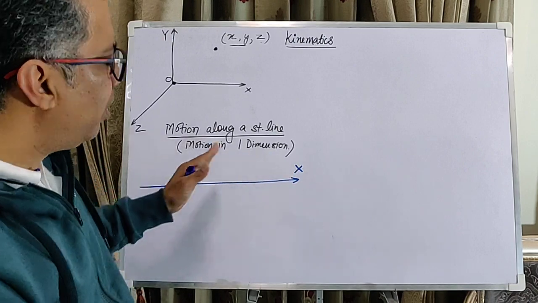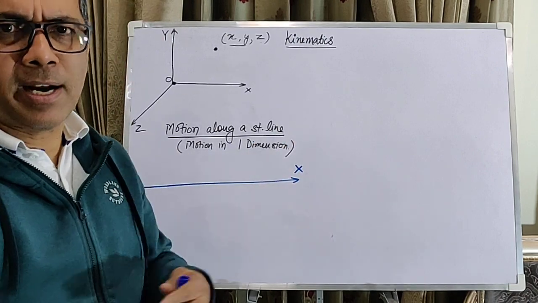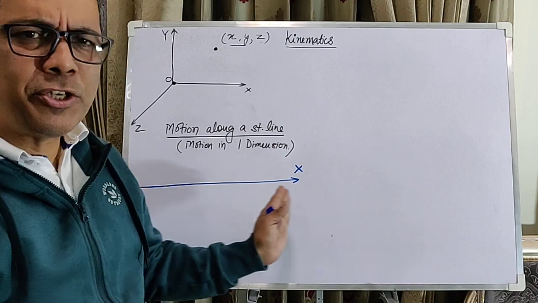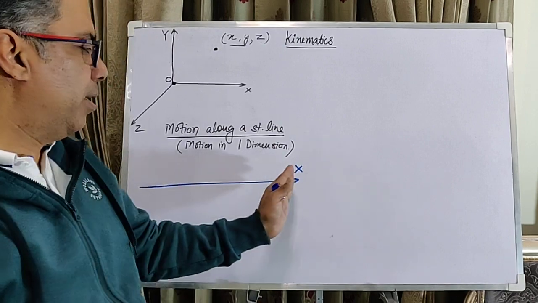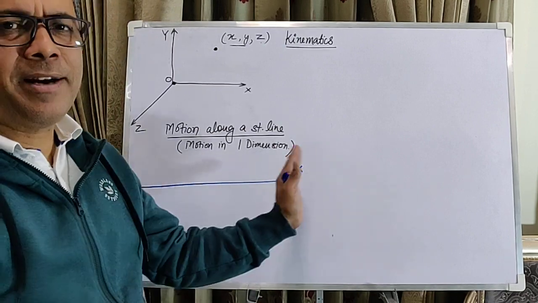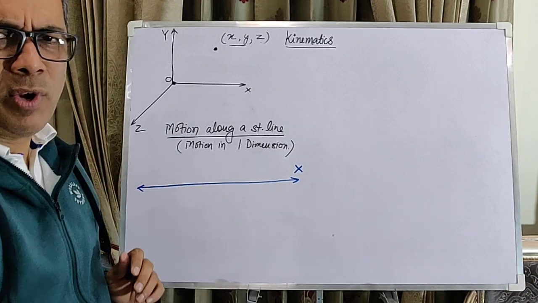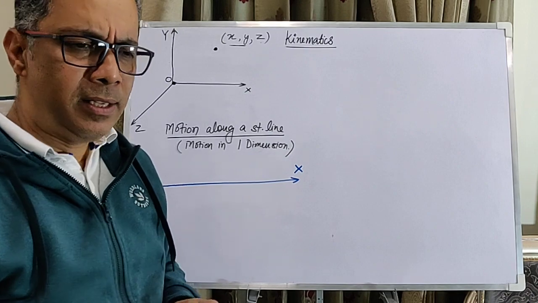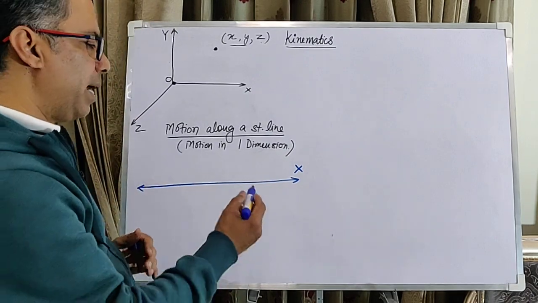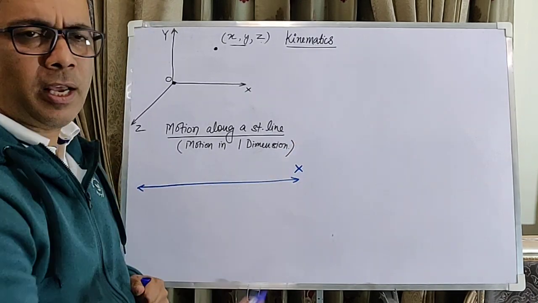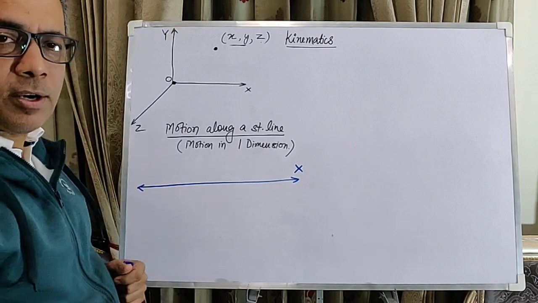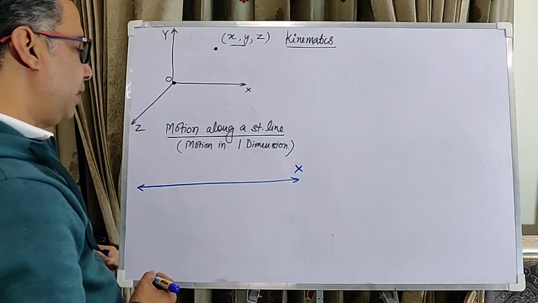We can very well choose to call it the y or the z-axis, but conventionally we treat that straight line as the x-axis. This is just a convention, or a tradition, that the straight line along which an object is moving is described as the x-axis.